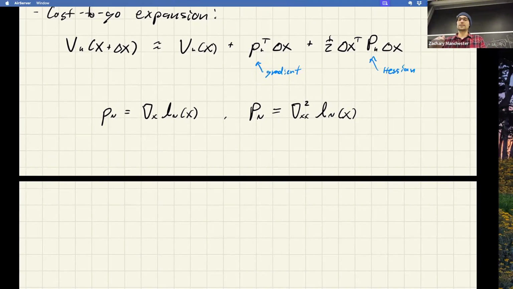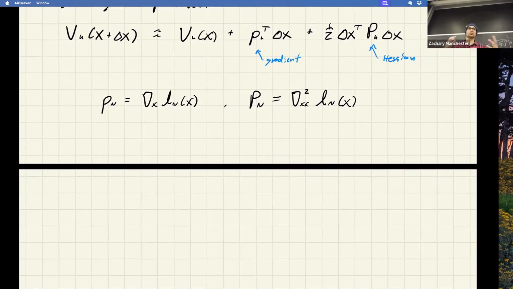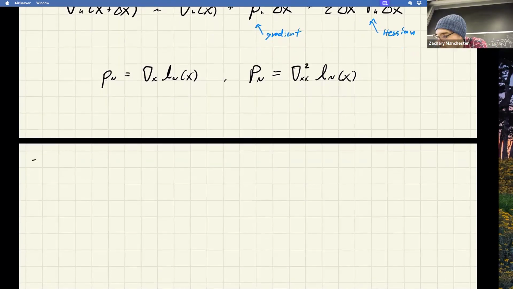This time we'll write it in terms of the action value Q function. I'm not going to call it Q, because of the obvious overloading with LQR, but we're going to call it S. It just makes the derivation a little cleaner and easier to write. So let's write that down.